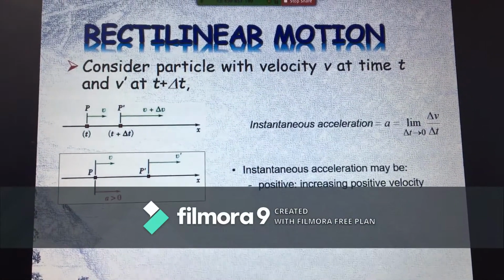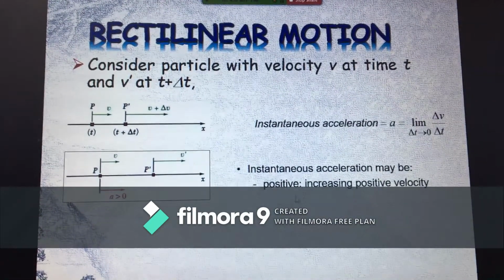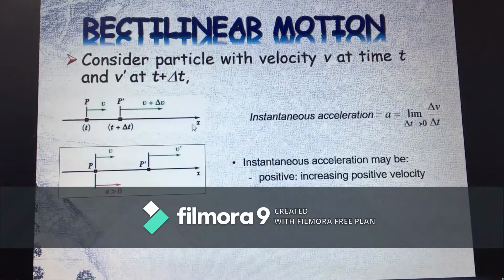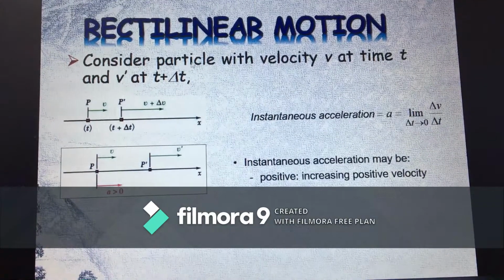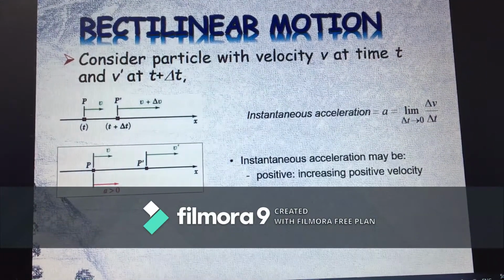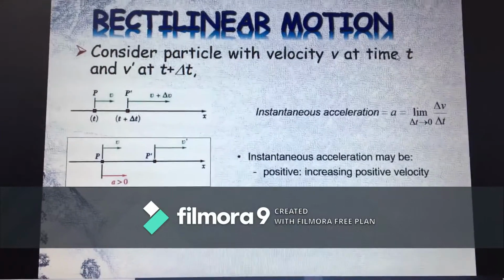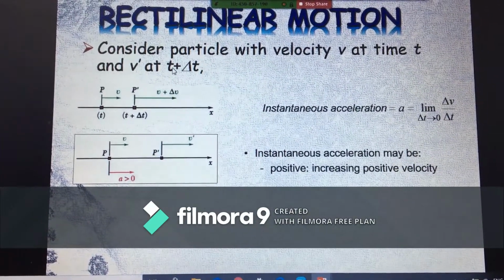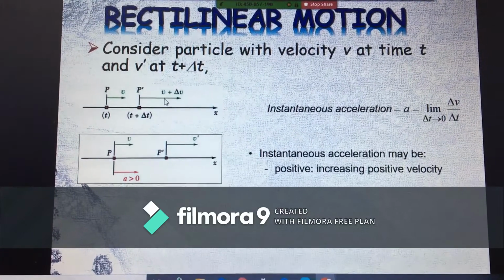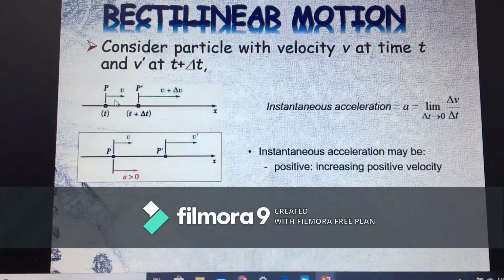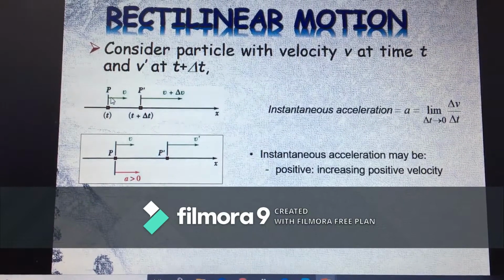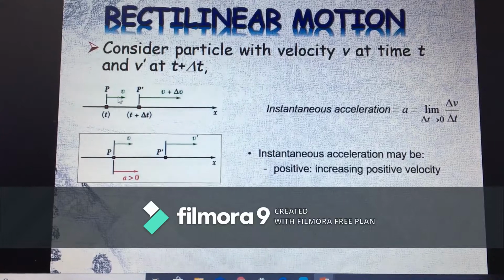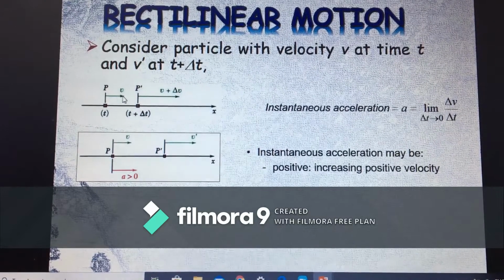So consider the particle with a velocity v at time t. Alright? So we have this illustration. Let's consider a particle with a velocity v at time t and v prime at t plus delta t. It means that there is a change of velocity, class. Perhaps from this point, as the particle moves, its velocity is slow.